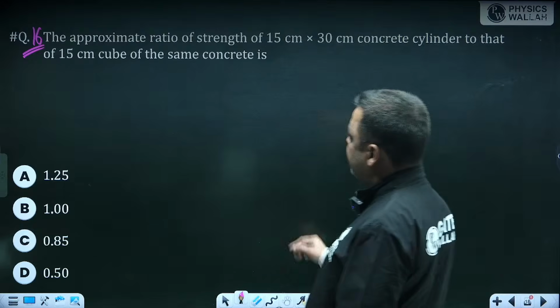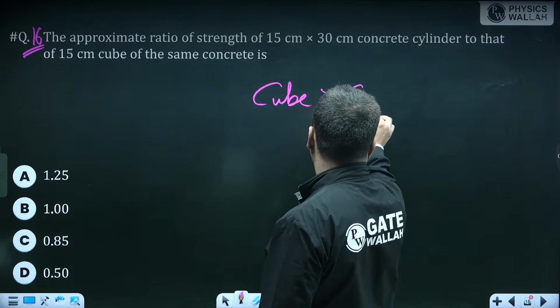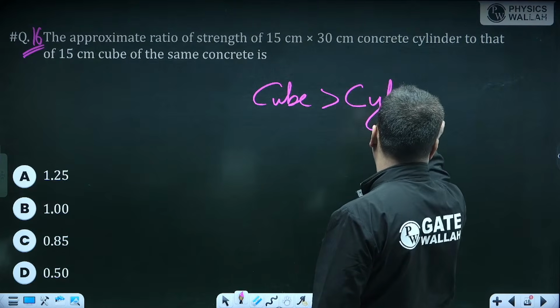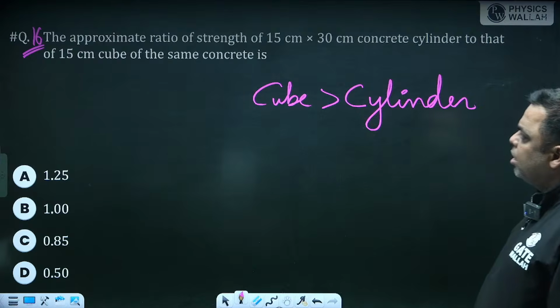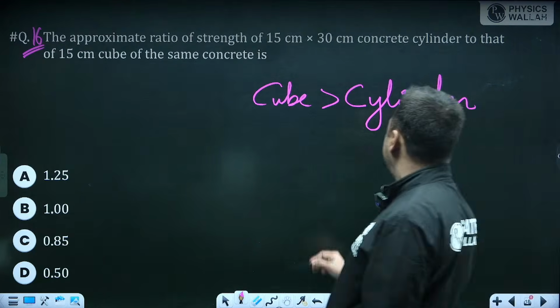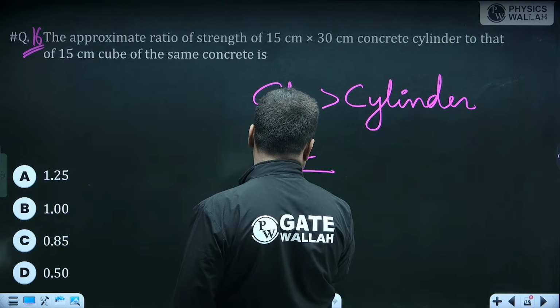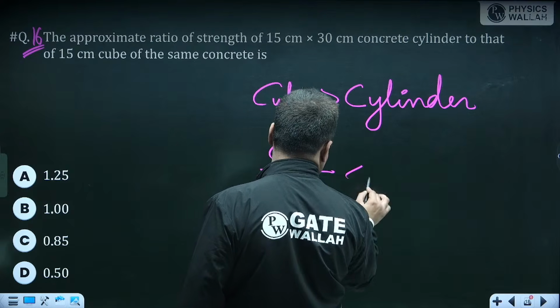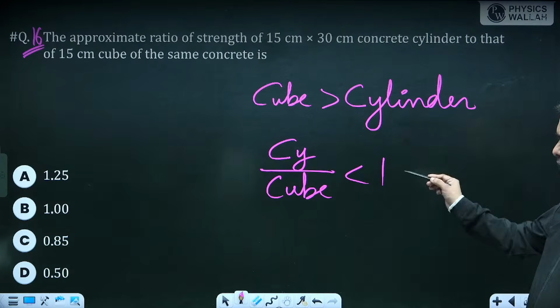We know that the strength of cube is more than the cylinder strength. Over here they are asking about cylinder by cube. So it will be less than 1.